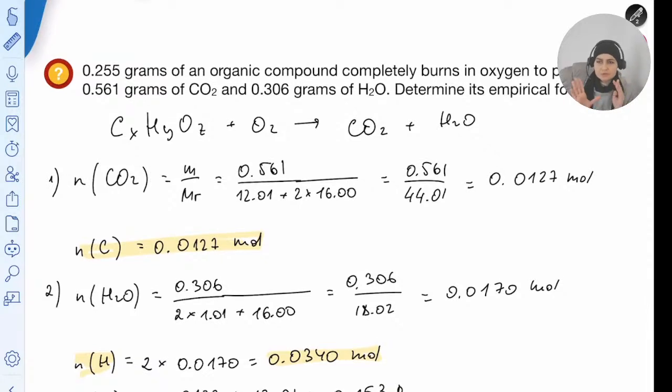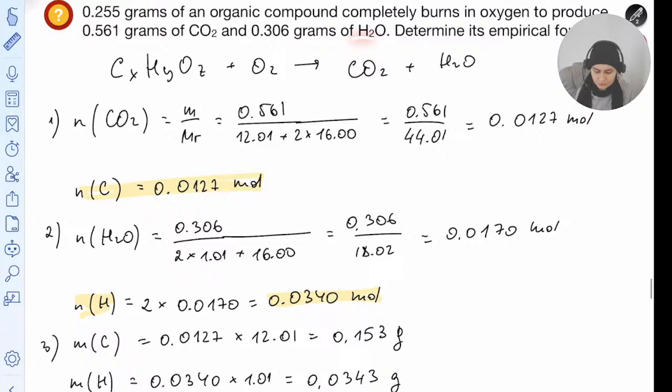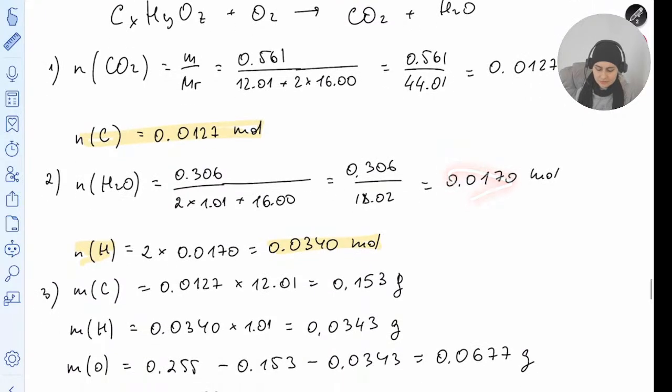So let's recap. This is the type of question where you're combusting a compound and you know the mass of the organic compound, the mass of CO2 formed, and the mass of water. So you find moles of CO2, and that equals the moles of carbon. Then you find moles of water, multiply it by 2, and that equals the moles of hydrogens.